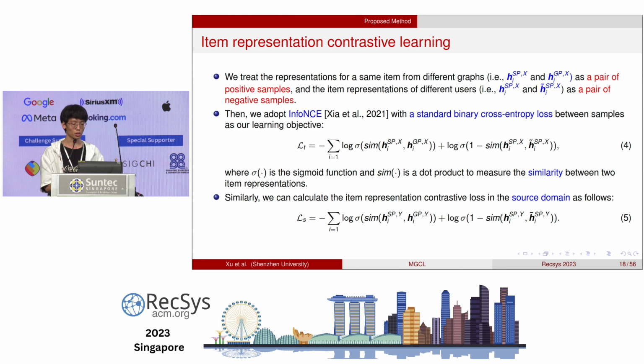Then, we choose the representations of the same user from different graphs as a pair of positive samples, and the item representations of different users as a pair of negative samples. We adopt InfoNCE, a binary cross entropy between samples, as our learning objective.